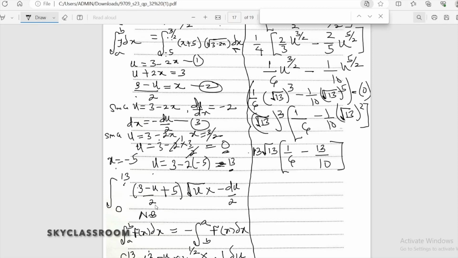So it's 13 over 10. Yes. Coming with 13 cube, we have 1 over 6. Is 3 over 2, 1 over 6. 13 cubed.